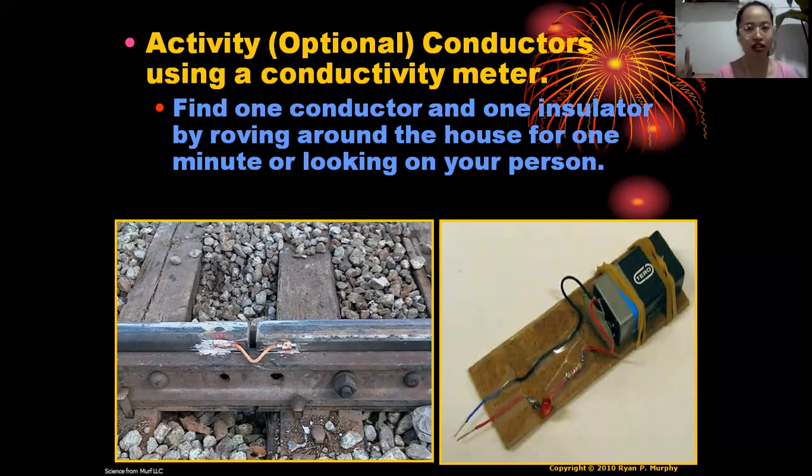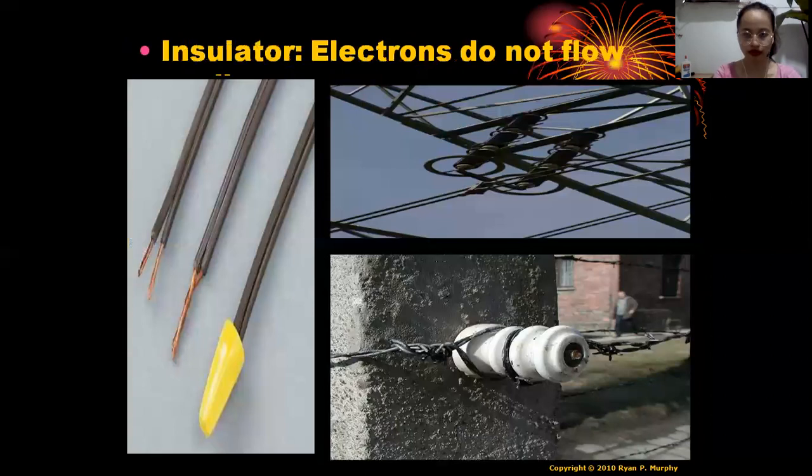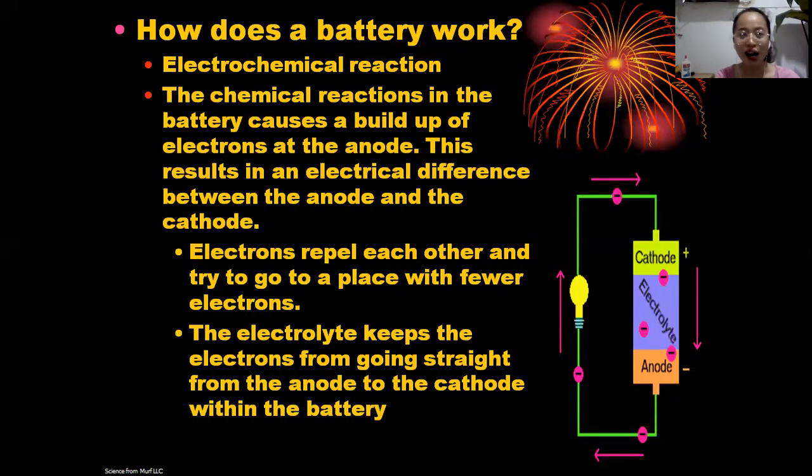One example of a conductor, another example for an insulator. But do not get the live wire because it's dangerous. Remember, when I say conductors, like the metals, the copper, if you have a copper wire; when I say insulator, like the rubber or the plastic. Go!